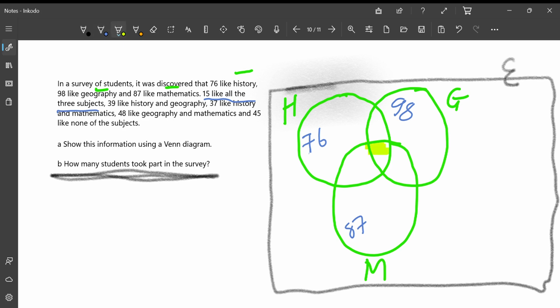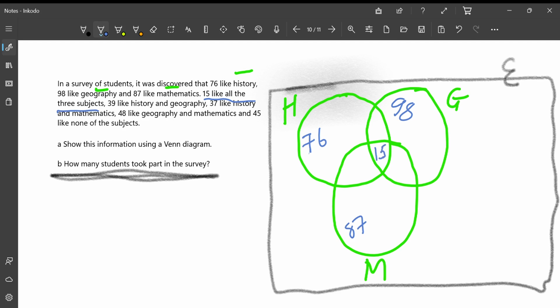This very area here that I shade in yellow, you notice that part of it touches the history circle, part of it touches geography, part of it also touches the mathematics circle. So that is the place where all three subjects meet together. So I'm going to put my number of students there, which is 15. These are the students that like all three subjects.